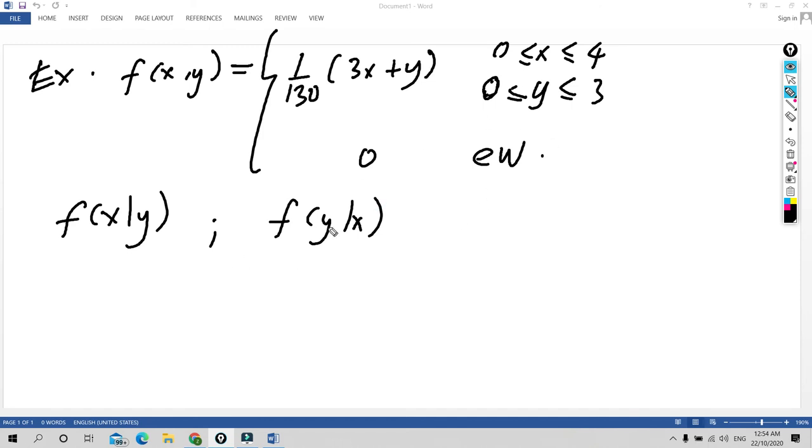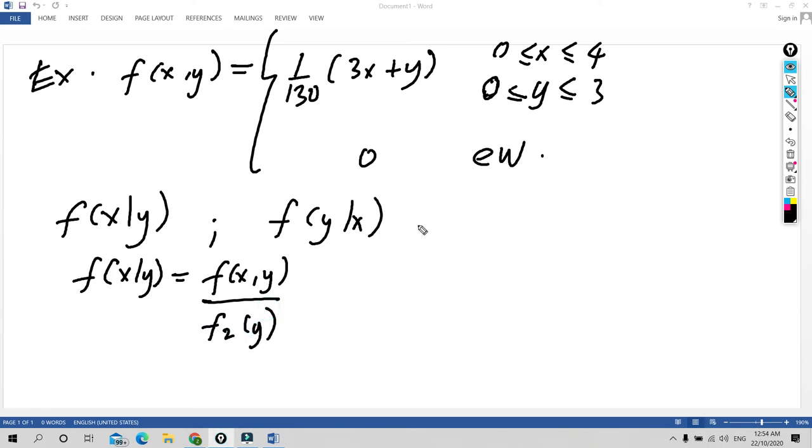By definition, f of x given y is equal to f(x,y) divided by f sub 2 of y.